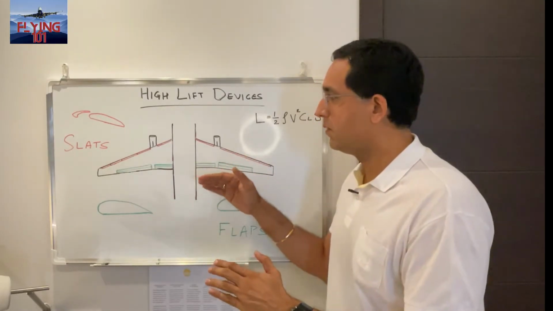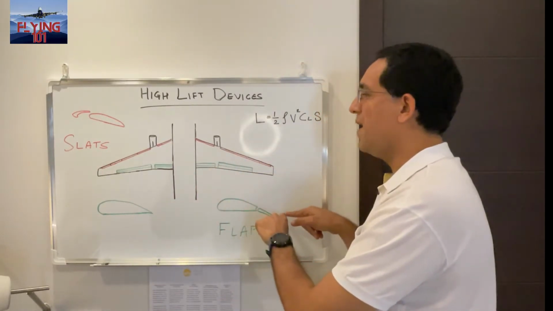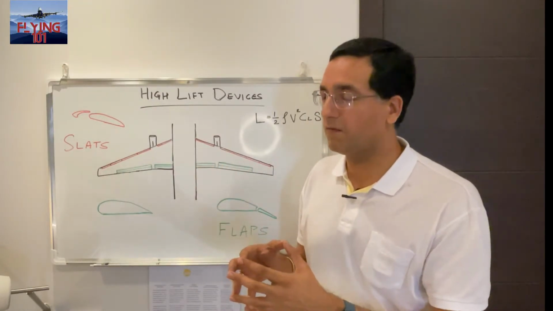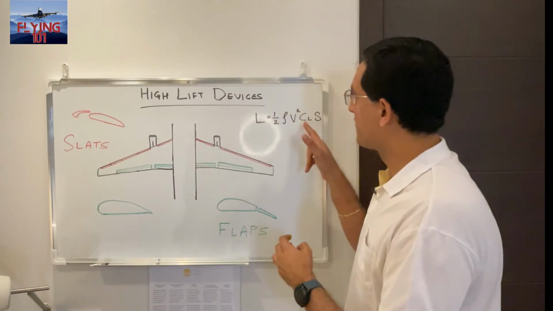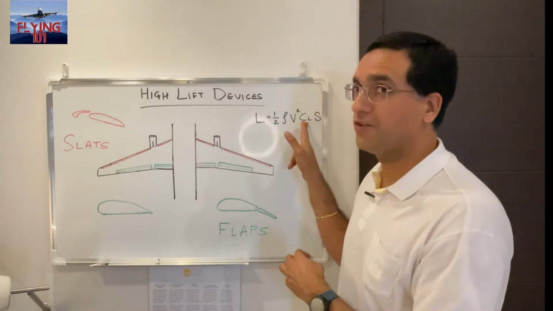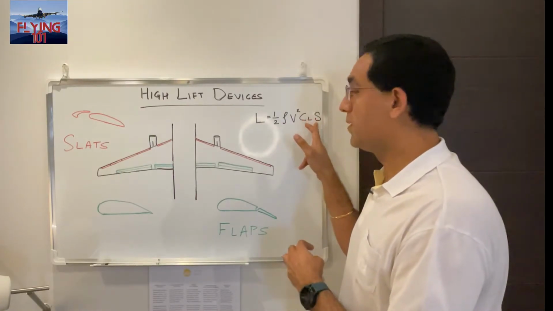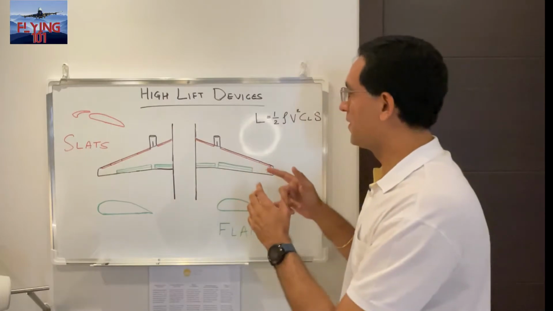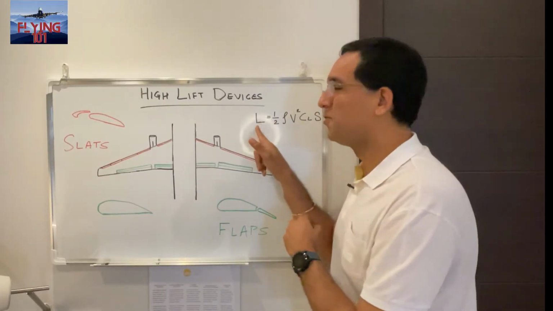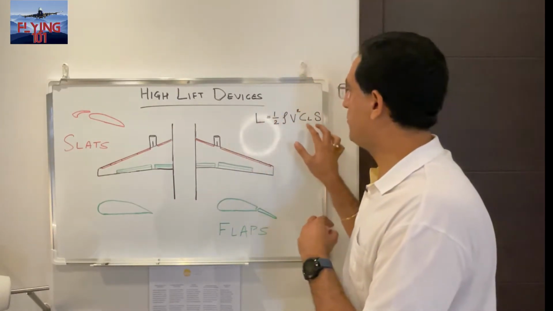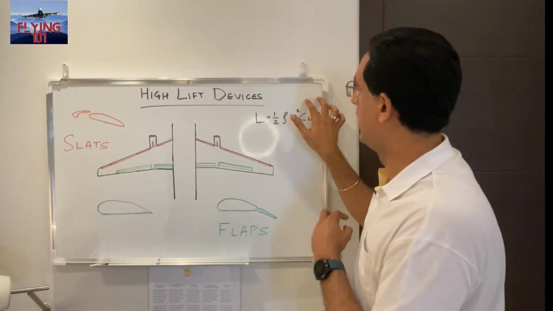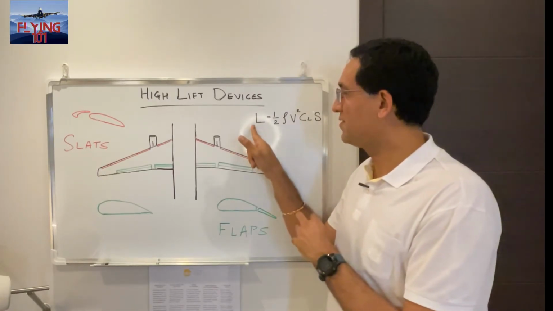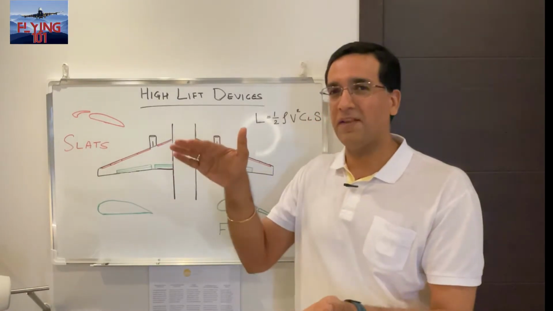So a flap, when extended, gives a greater camber to the wing, or maybe even surface area depending on the design of the flap, and therefore it's possible to achieve a greater coefficient of lift and maybe even more surface area, which makes it possible for a plane to fly at a lower speed to achieve the same amount of lift. Because if we're able to increase these two parameters, it's possible to decrease the speed of the aircraft to give us a given amount of lift that's needed to maintain flight.